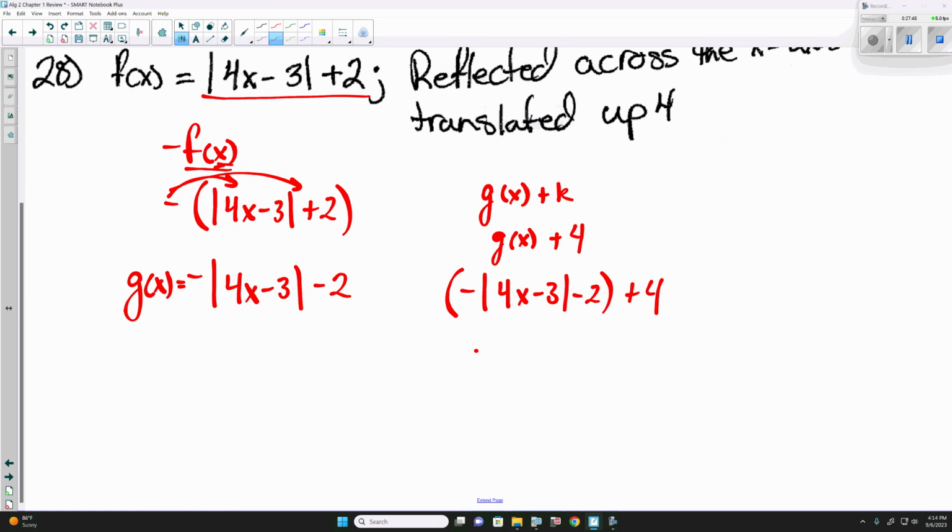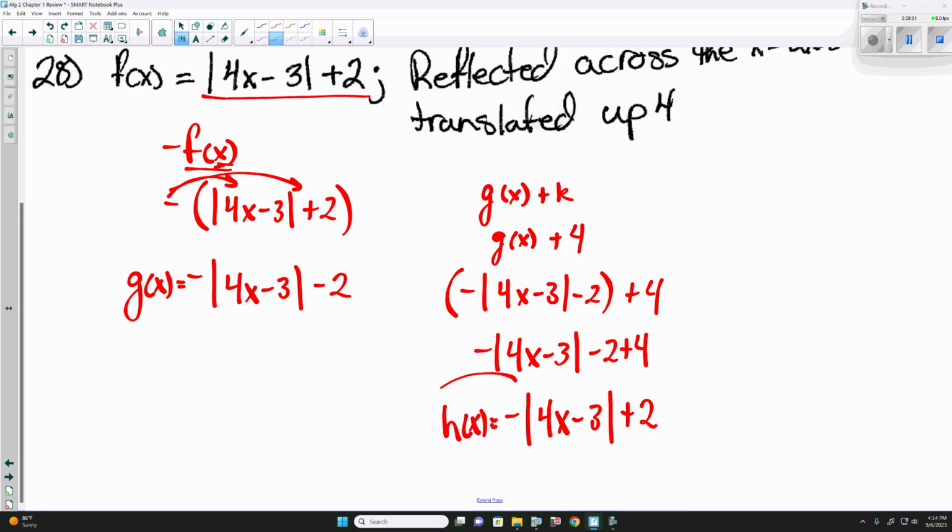Then we can drop the parentheses and combine like terms. That tells us that we have negative absolute value 4x minus 3, and our negative 2 plus 4 gives us plus 2. We can call this h of x.